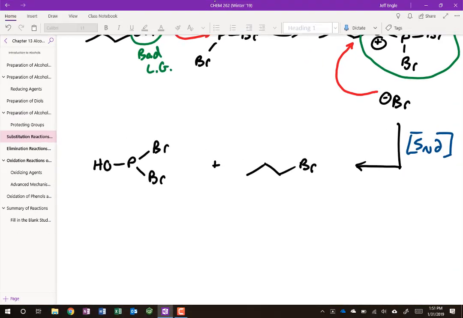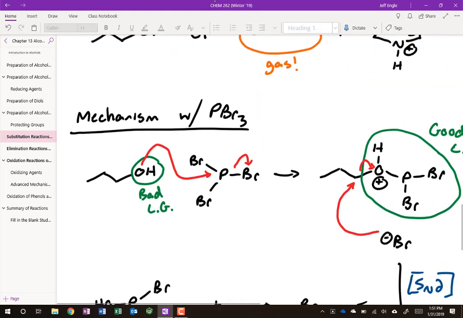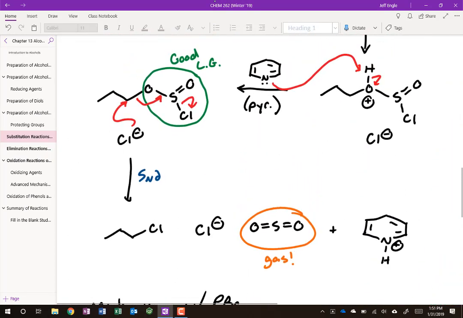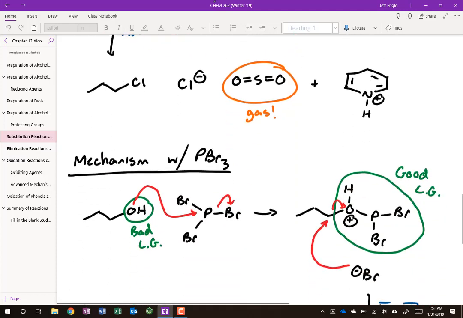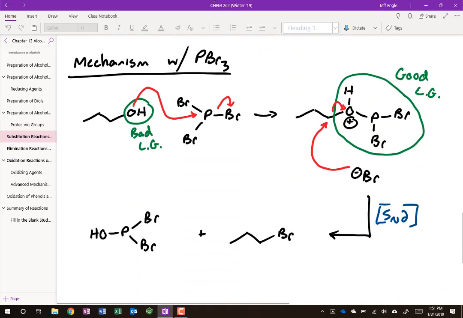Because again, yeah. So on the other one with the chlorine, on the final step, when we kicked off the leaving group, another chlorine came off. Why didn't another bromine come off and make a double bond? Yeah, so the oxygen in this one has a positive charge, which means it's a good leaving group.